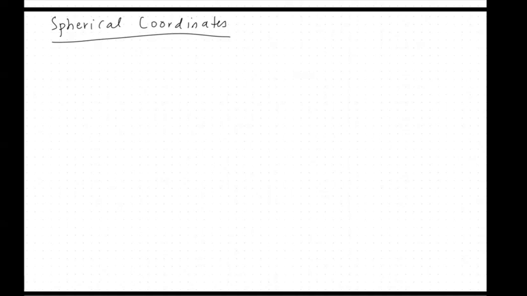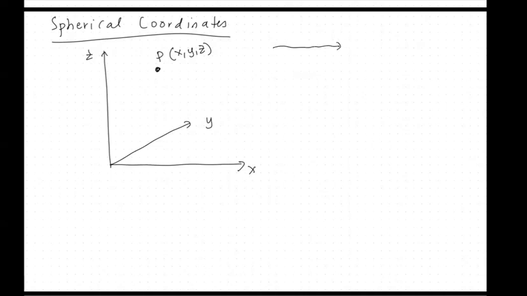So here we get our x, y, z, and then a point P with ordered triple x, y, z in Cartesian coordinates. Here we will have spherical.